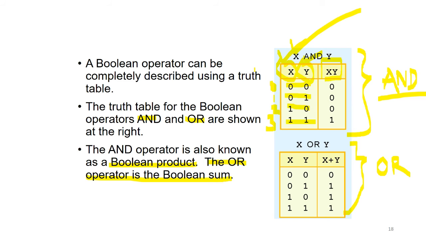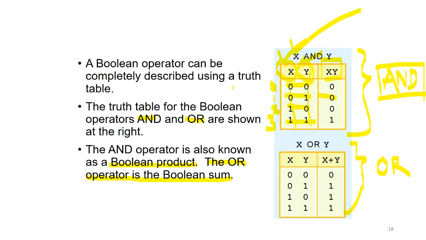So as you can see, these are my inputs. X is this much and y is this much. As I told you, this AND operator works as a multiplier, or you can say it acts as a product. So when 0 gets multiplied with 0, we get a value of 0. Then 0 multiplied with 1 gives 0.